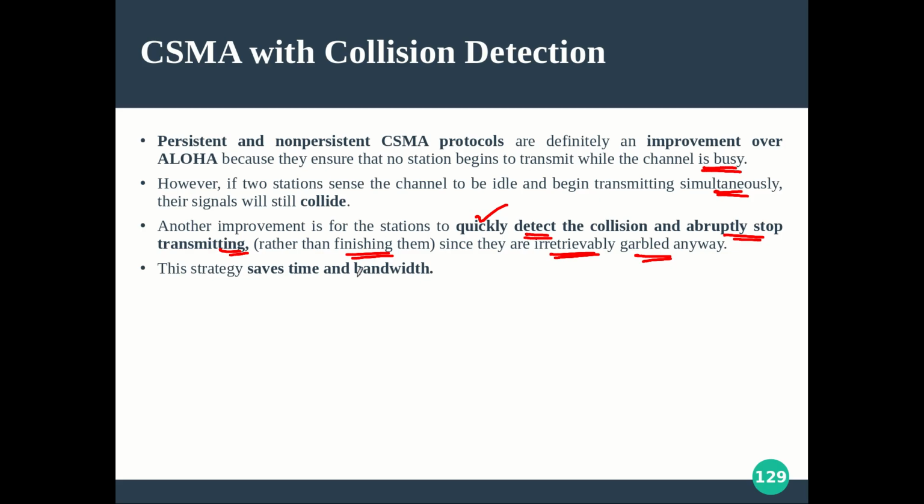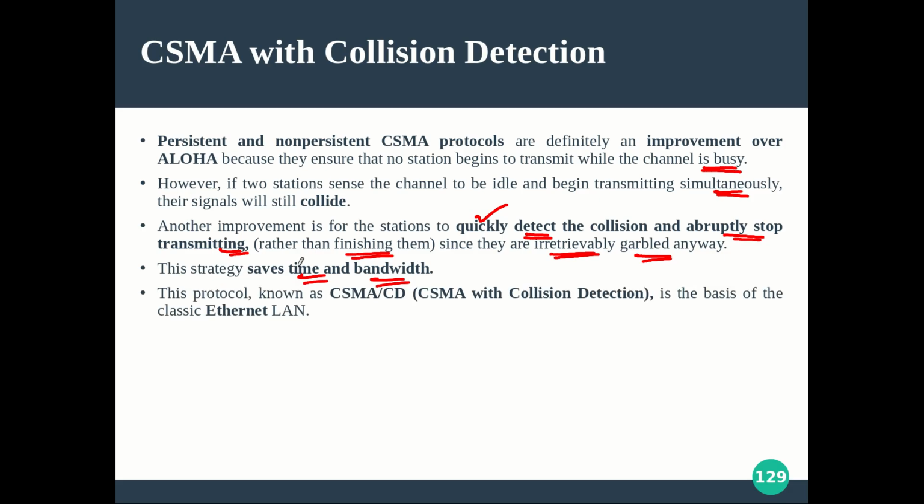This strategy saves time and bandwidth, because the remaining part is not sent. This kind of protocol is what we call carrier sense multiple access with collision detection, and it is the basis of the IEEE 802.3 Ethernet local area network.